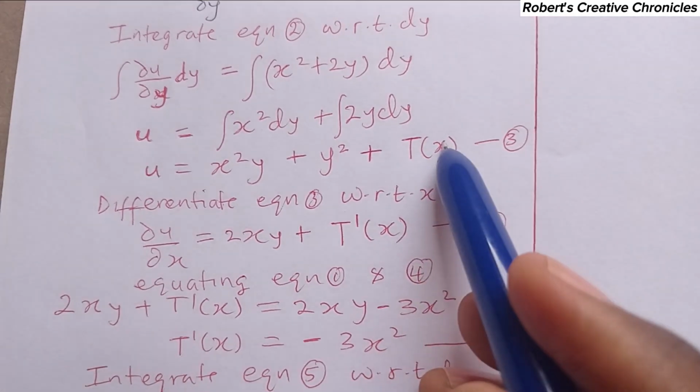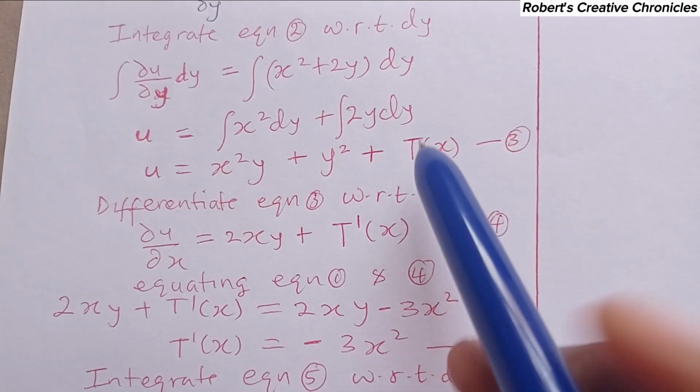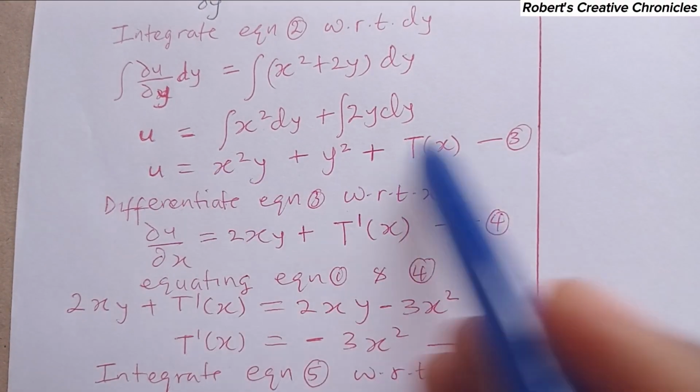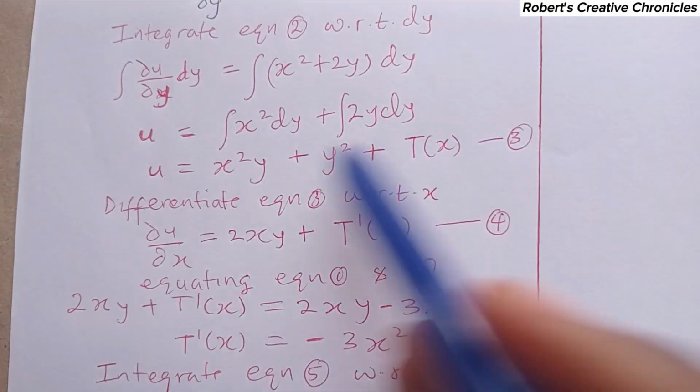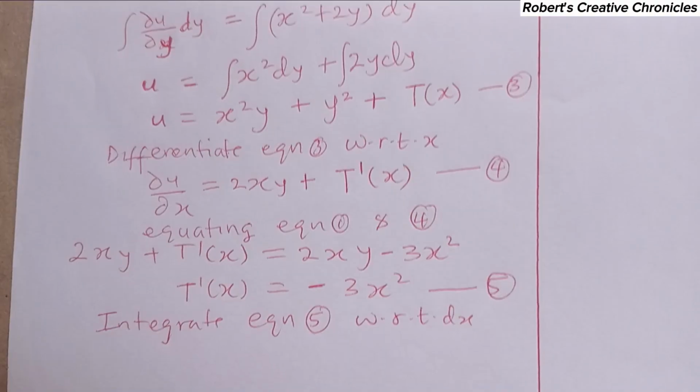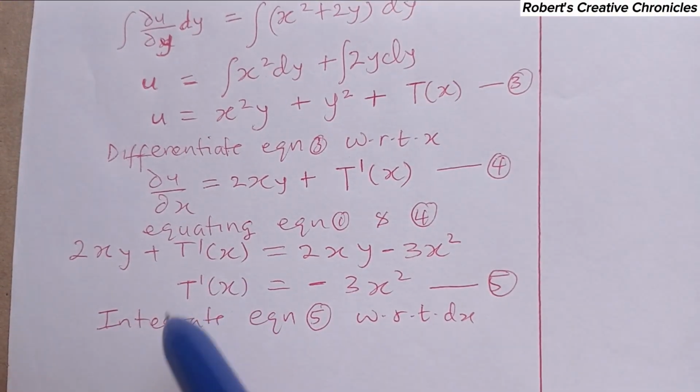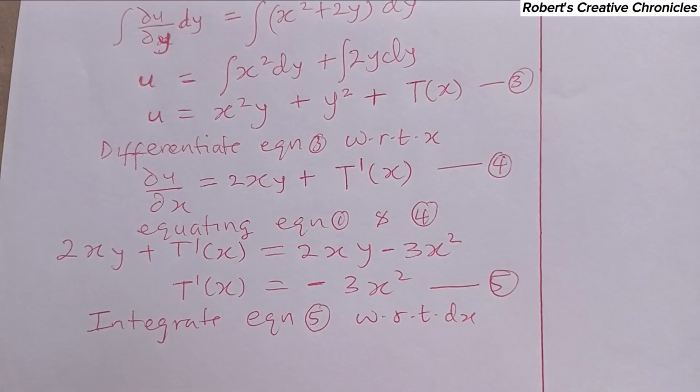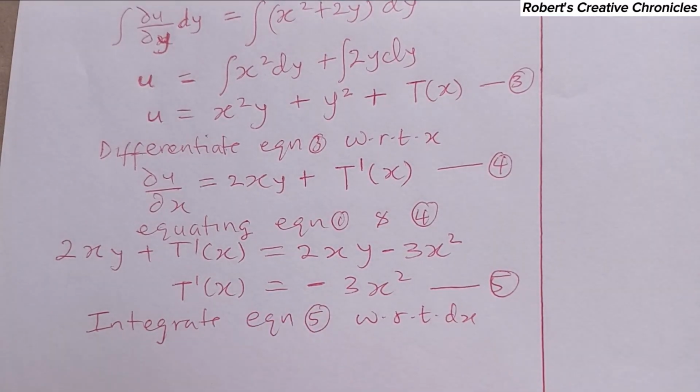When we get t of x, we'll substitute it in equation 3, because this is the equation we want to find the value for. We want to find t of x in equation 3. So if we integrate this equation, we will find t of x. So this t prime will become t.